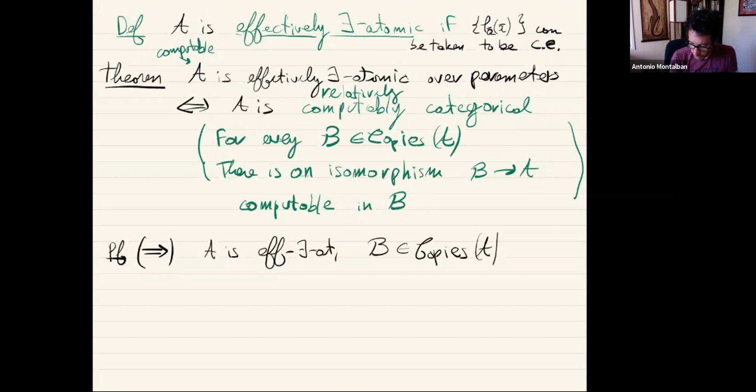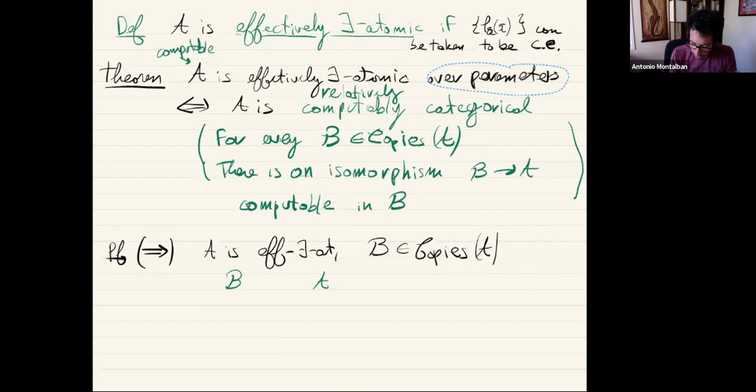And how are we going to do this? Well, here we put B, and here is A. Just to simplify a little bit, let me forget about the parameters for now. Let's assume that it's essentially atomic. If there are parameters named with constants, we can just map from one side to the other, starting with mapping the parameters. That's pretty easy. So we want to define a map from here to there.